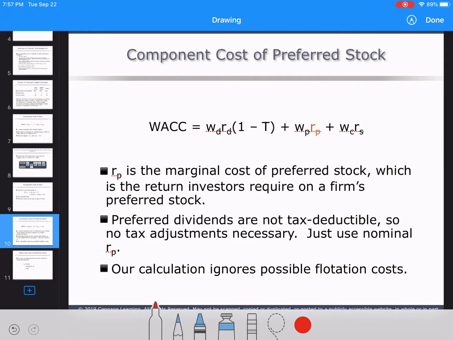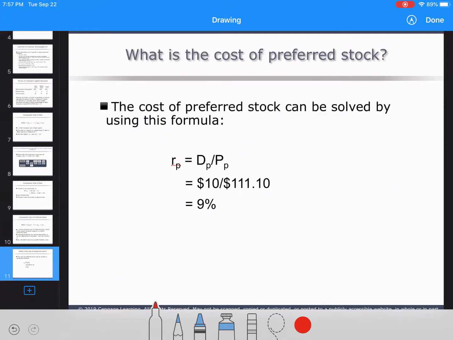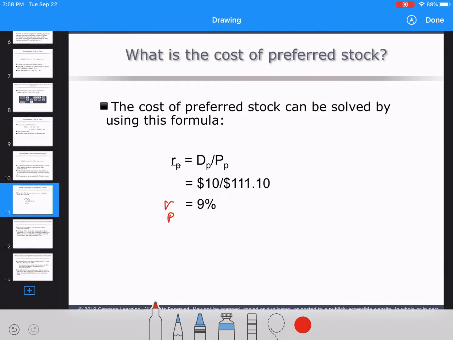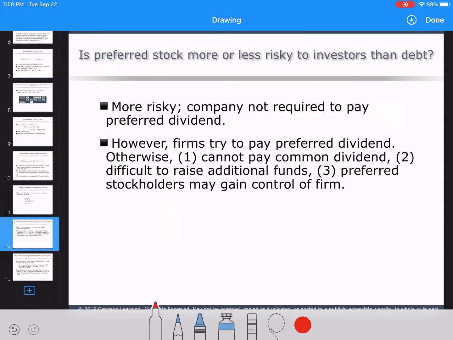For preferred stock, your dividend is $10 and the price of preferred stock is 111.10, and that will give you an R sub P of 9%. So slowly we are going there. First we found R sub D, the YTM, through the financial calculator, then R sub P, 9%.